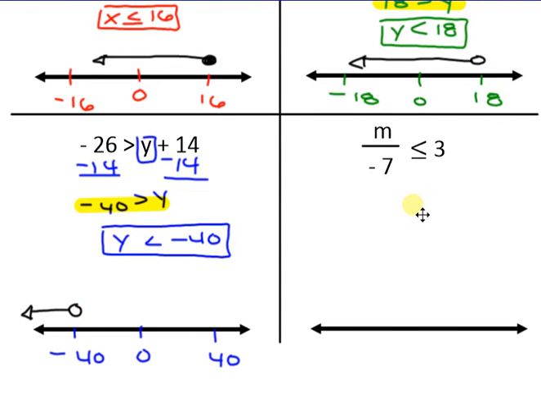Alright, if you're not done, hit pause. If you are done, let's check. You should have gotten y is less than negative 40, open circle over the negative 40, arrow going to the left. Okay, let's take a look at this one here.